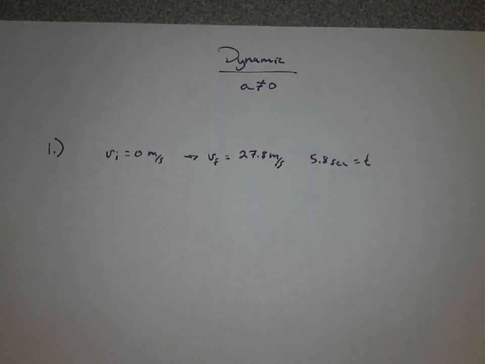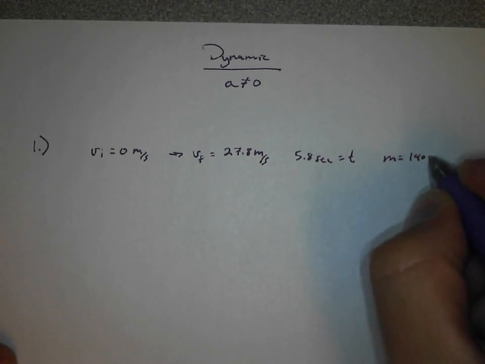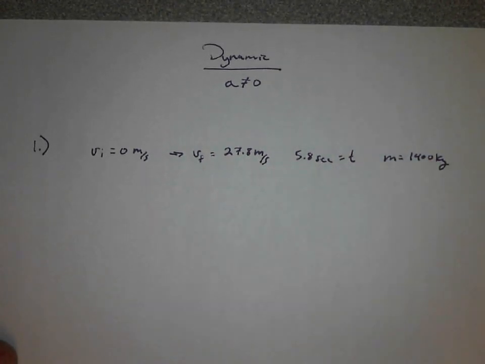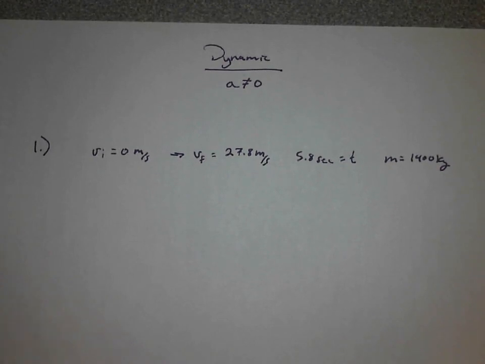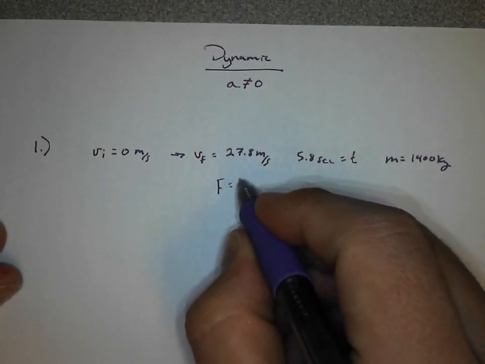Now, the mass of the car is around 1,400 kilograms. And we want to know what is the average net force acting on the car. So we just want to know what F is.